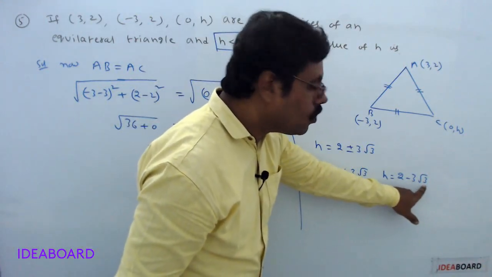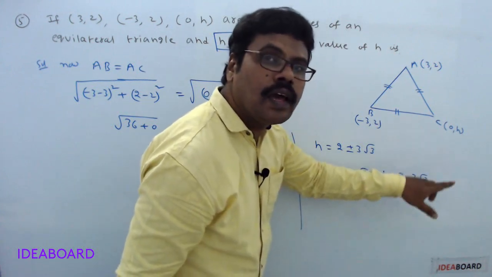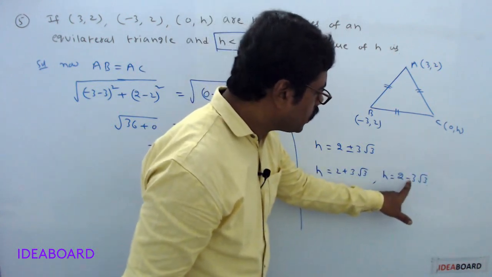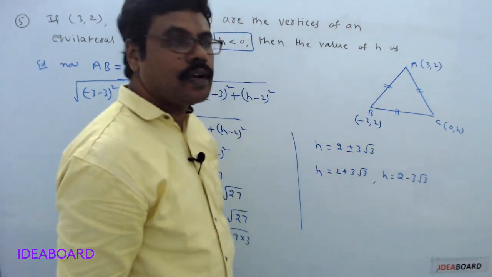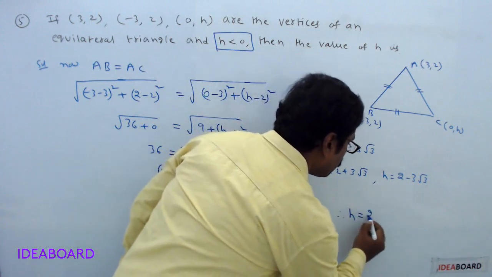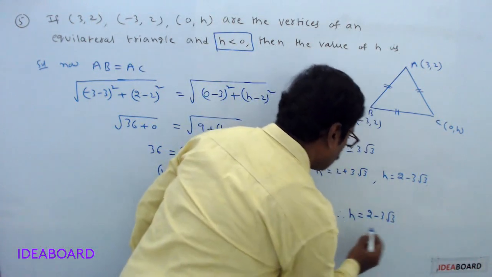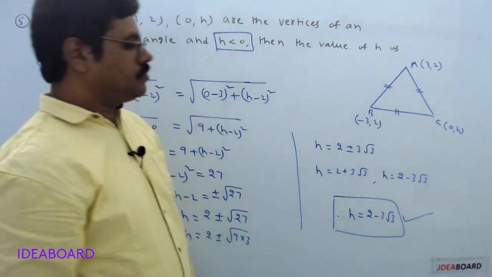Here 3 into 1.732 is definitely more than 2, so 2 minus that is definitely a negative quantity. Therefore our h value will be 2 minus 3 root 3. So this is our final answer.